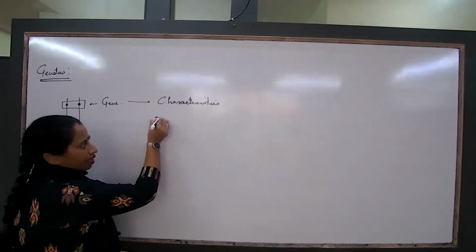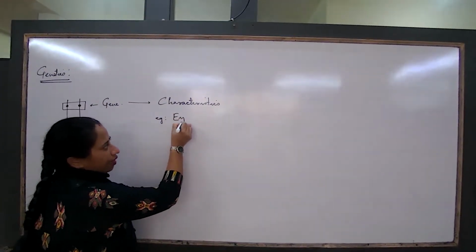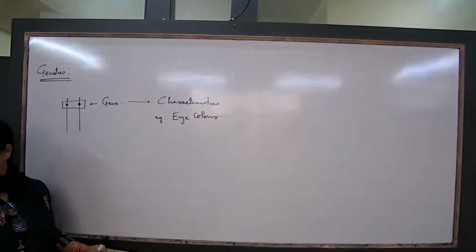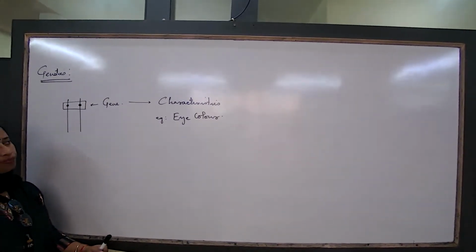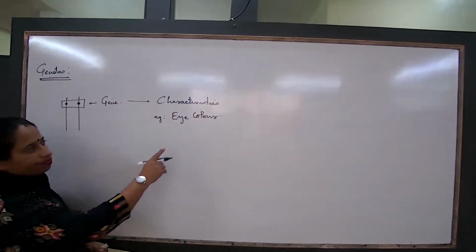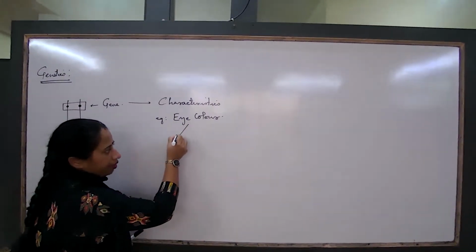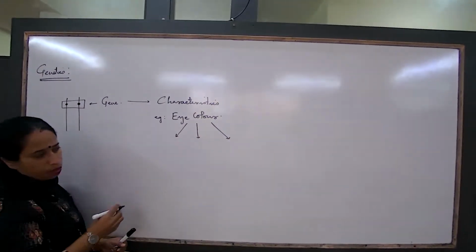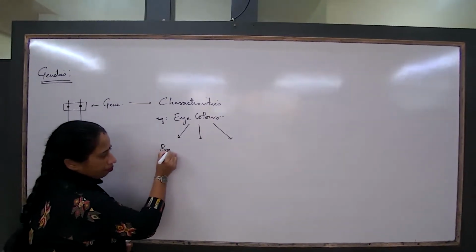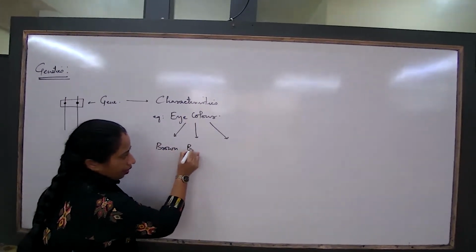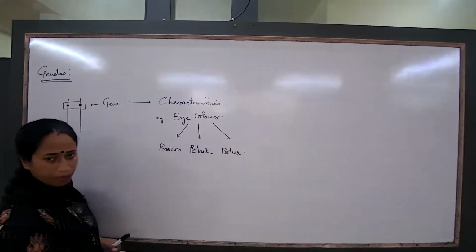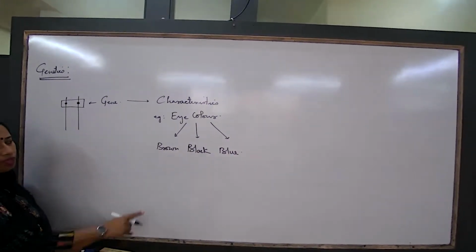If I talk about an example of a characteristic like eye color, we understand in humans, eye color is in different forms. What were the common types of eye colors we had come across? Brown, and then black, and then blue. This is what we had studied the other day.